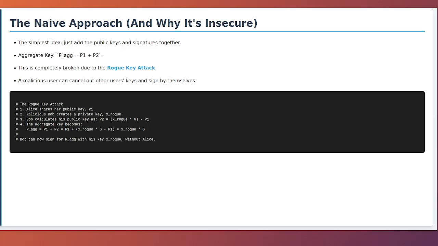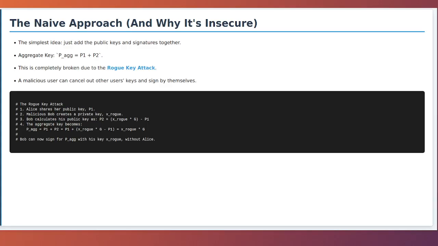When they create the aggregate key, P_AGG = P1 + P2, the P1 and minus P1 terms cancel out, leaving just P_rogue. Bob can now sign for this aggregate key all by himself, without Alice's consent or knowledge. He has effectively stolen control of the joint account.